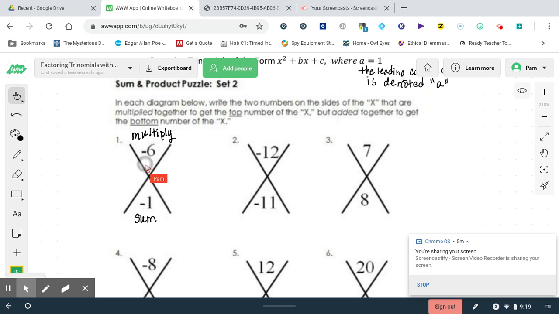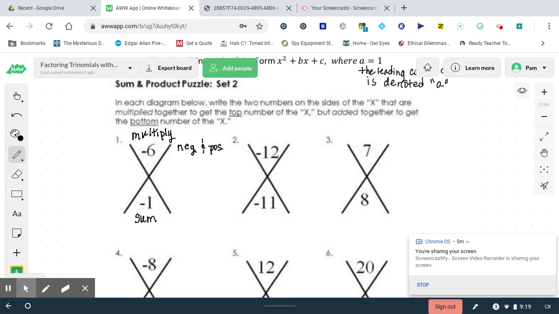You can't have a negative times a negative and get a negative. And you can't have a positive times a positive and get a negative. The only way to get a negative product is to have different signs. So with that being said, I'm going to label that one of these is negative and the other one is positive. I'm just making little notes.